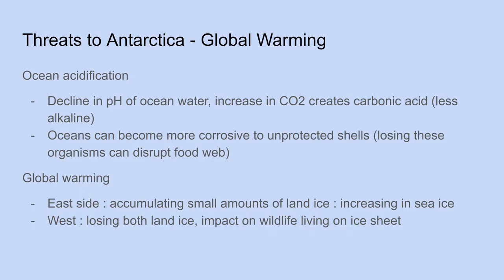So, more threats to Antarctica: global warming. Ocean acidification. There's a decline in pH of ocean water due to the increase of CO2, which creates carbonic acid, which means that the oceans are less alkaline.